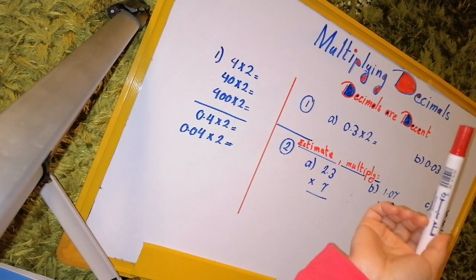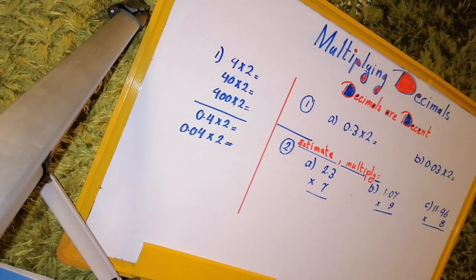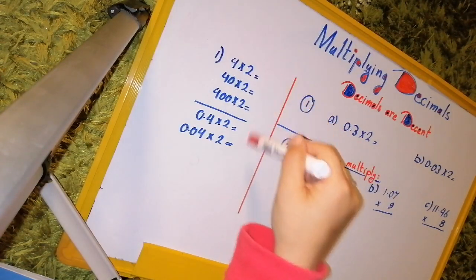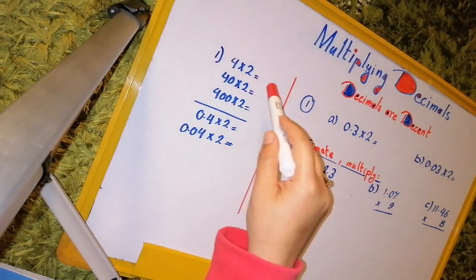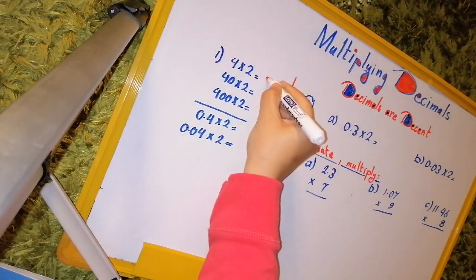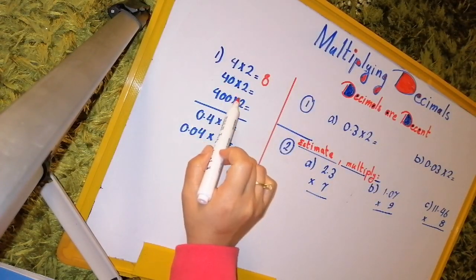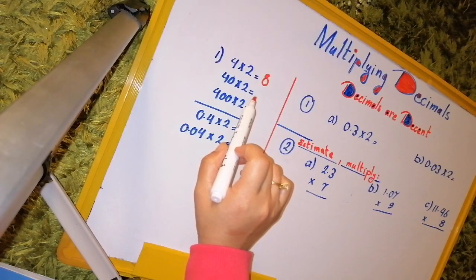As I just said, multiplying decimals can be done as we learned before with multiplying any normal number. But let's revise some facts first. Here, for example, I have 4 times 2 equals 8. If I'm going to multiply 40 times 2, what am I going to do here?